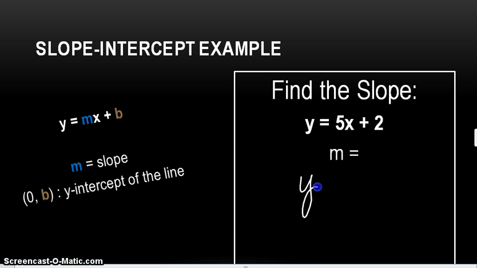So the y-intercept and the slope. All right, so your slope is going to be 5, and your y-intercept is going to be a positive 2. So slope-intercept is the most commonly used form, and it's also what I believe to be the easiest form. And that is all the forms of slope.